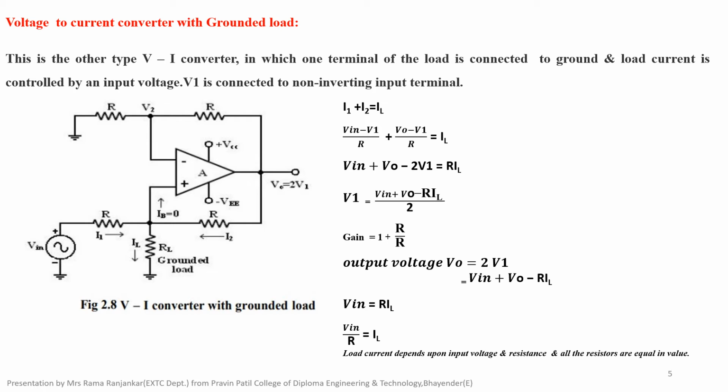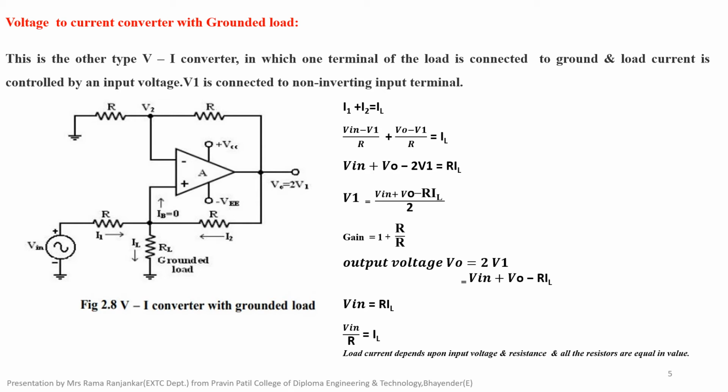R gets cancelled and we obtain Vin plus VO minus 2 V1 is equal to R into IL. Therefore V1 is equal to (Vin plus VO minus R IL) by 2. Now this is a non-inverting configuration of the op-amp, so the gain is 1 plus RF upon R1.